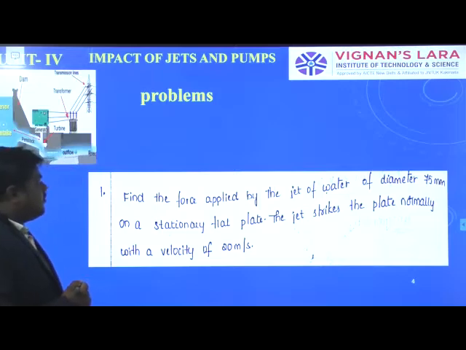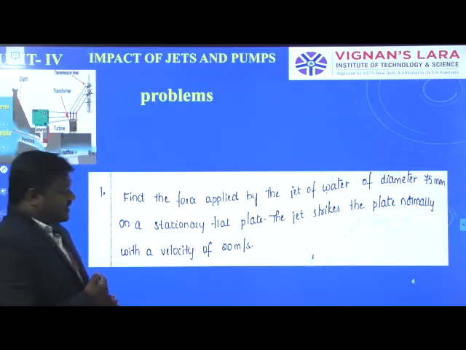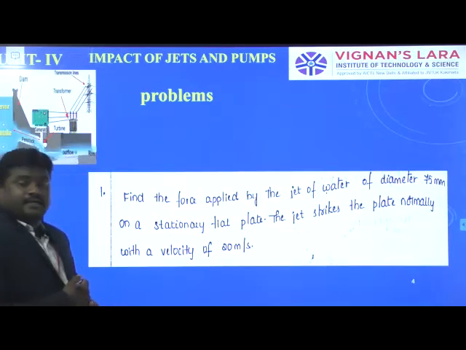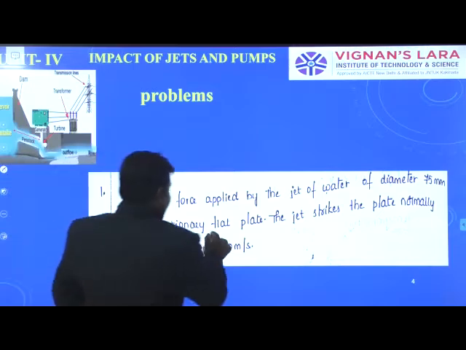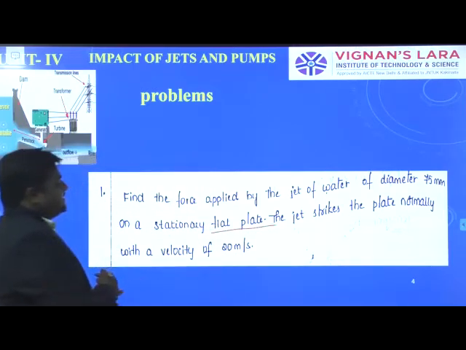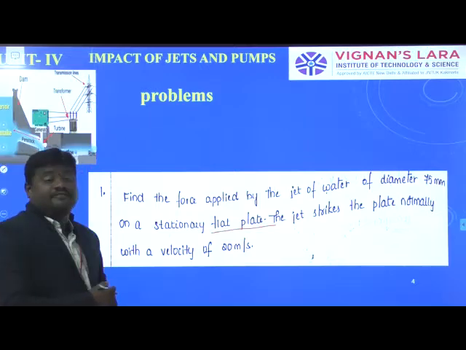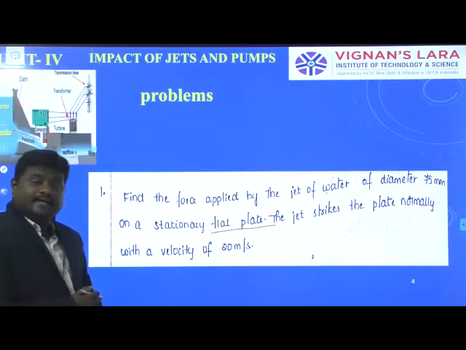Find the force applied by the jet of water of diameter 75 mm on a stationary flat plate. The jet strikes the plate normally with a velocity of 20 meter per second.